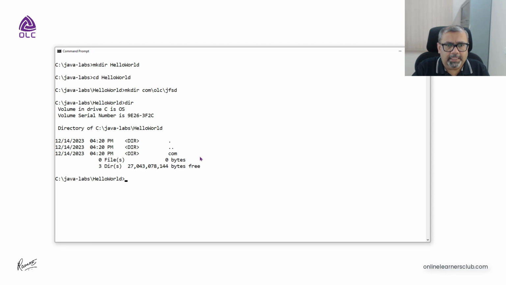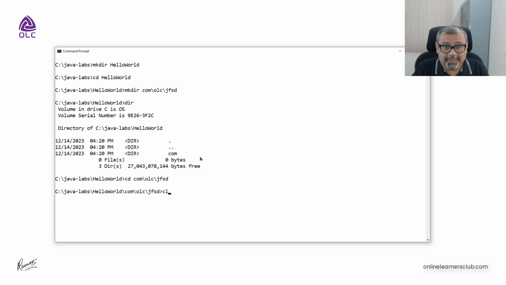So now the folder is created. So you could go to cd com/olc/jfsd. In Windows we have to use a backslash. If you are using Mac or Linux, use a forward slash. That's it. So just stay with me.